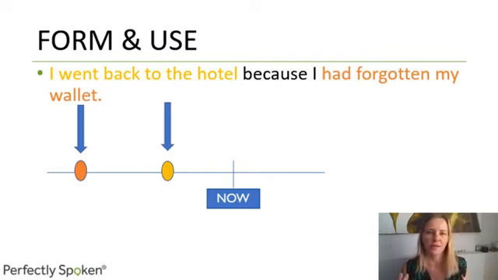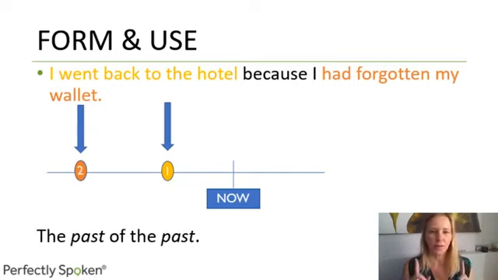So here you can see we're using past perfect to say the order, because even though the yellow one, I went back to the hotel, is the second action in time, it is the first action in the sentence. Can you see here the past perfect? Yes, had forgotten.